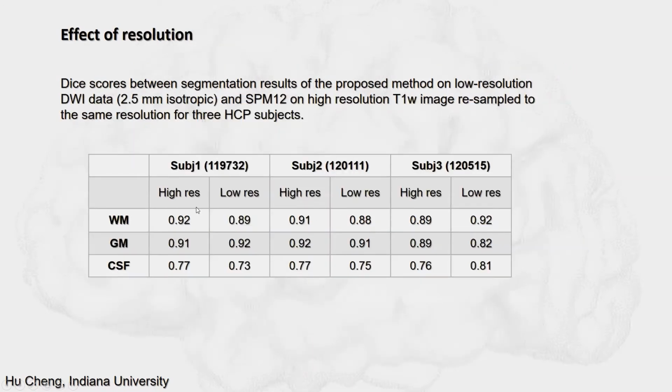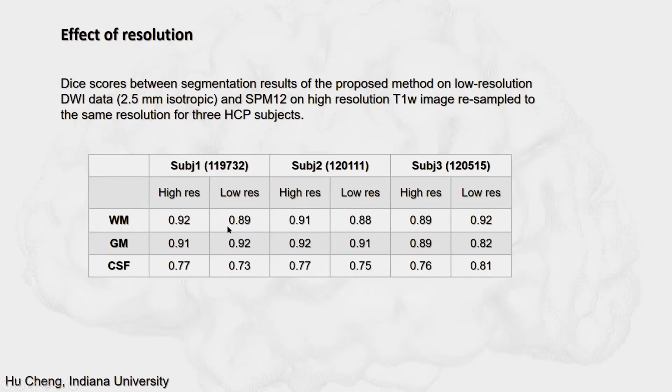The effect of resolution is also explored. This is the DICE score between segmentation results of the proposed method on low resolution DW data, which is 2.5 millimeter isotropic, compared to the 1.25 millimeter isotropic data shown previously, and SPM12 on the high resolution T1 weighted image resampled to the same resolution, for 3 HCP subjects.